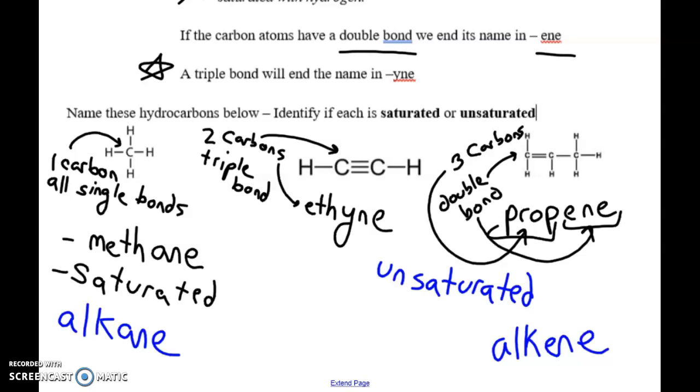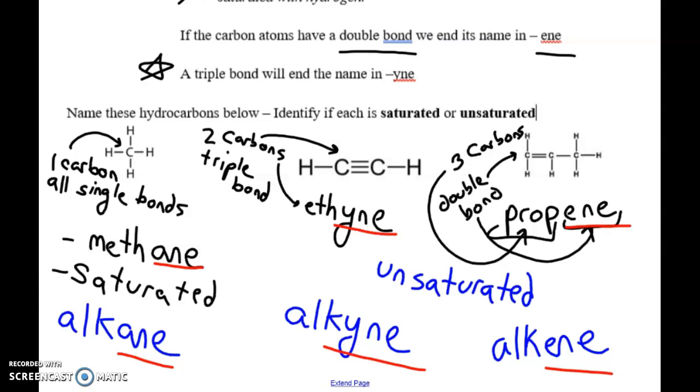And then our middle one is an example of an alkyne compound. You can see it really just matches up with the ending. Methane as an alkane, propene as an alkene, and then ethyne is an alkyne. So if we talk about something as being one of these types of compounds, it's just saying, hey, single bonds versus maybe a double bond versus maybe a triple bond, just paying attention to those names.